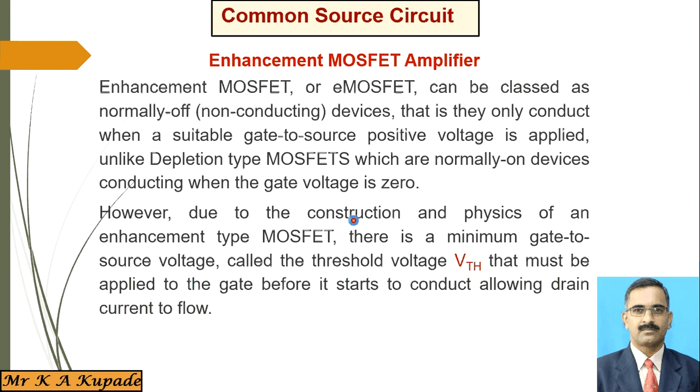Only when this threshold voltage is applied to the gate terminal does current flow through the MOSFET. So this gate to source voltage allows the drain current to flow in the MOSFET. That is what I want to share through this particular slide.